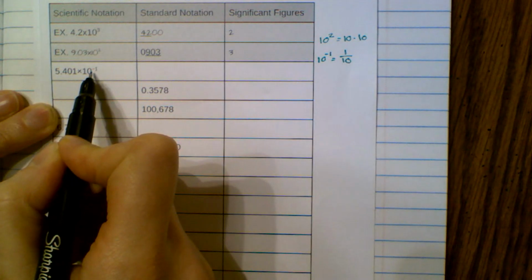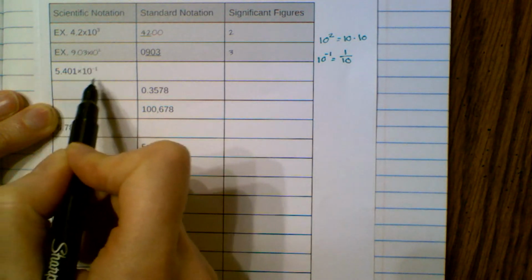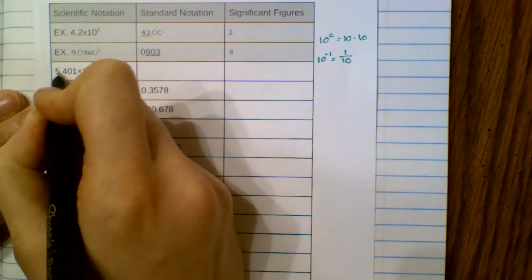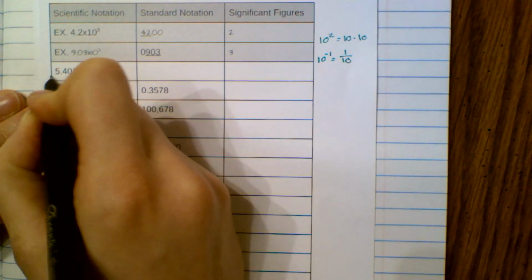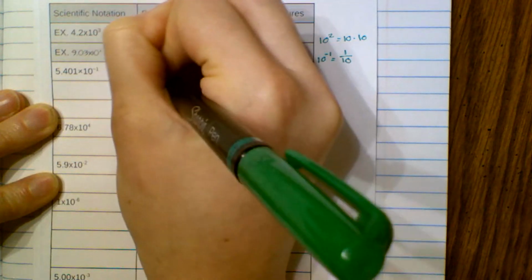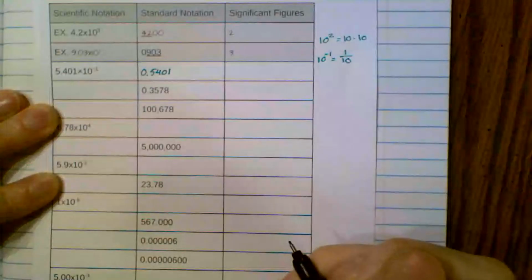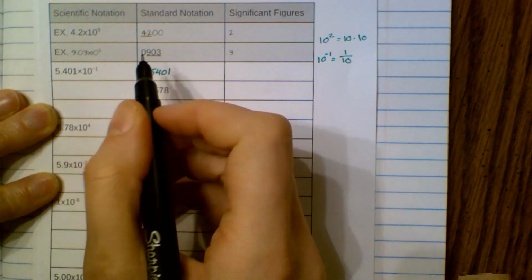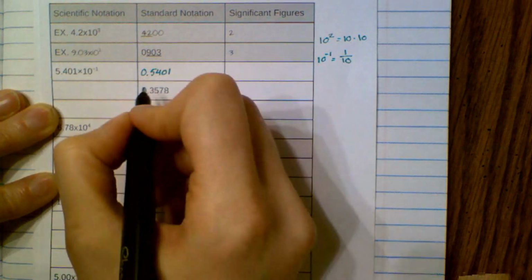When I'm moving this into standard notation, this is the same thing as dividing it by 10. So if I divide 5.401 by 10, it's going to give me 0.5401. So that's this number in standard notation. And then I've asked you to underline all of the significant digits in the number.